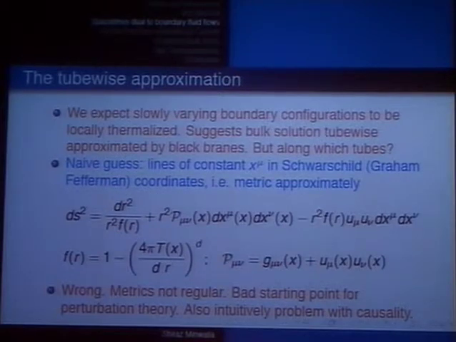The dual statement in the bulk, presumably, is that the solution can be foliated into tubes, each tube of which is locally approximately a solution that corresponds to a tube inside a uniform black brane, with some temperature and some velocity. The important question here is, how do these tubes move into the bulk? They hit the boundary somewhere, but what's their shape as they move into the bulk?